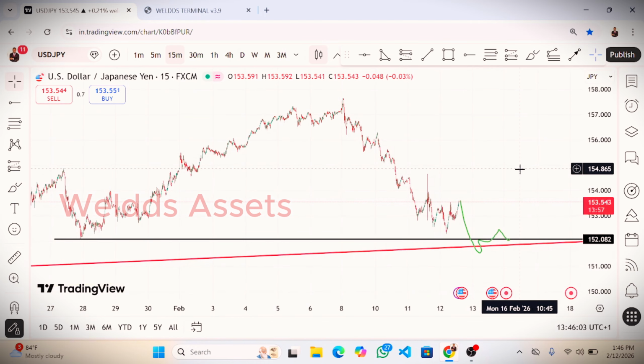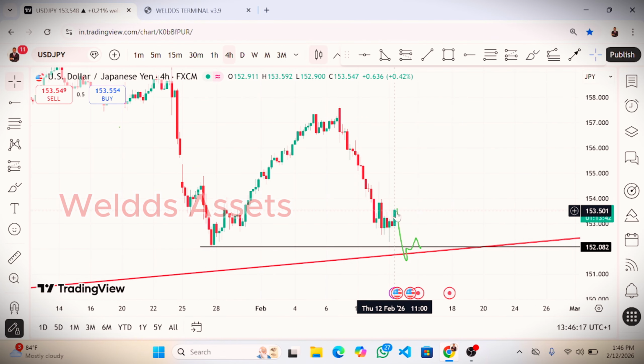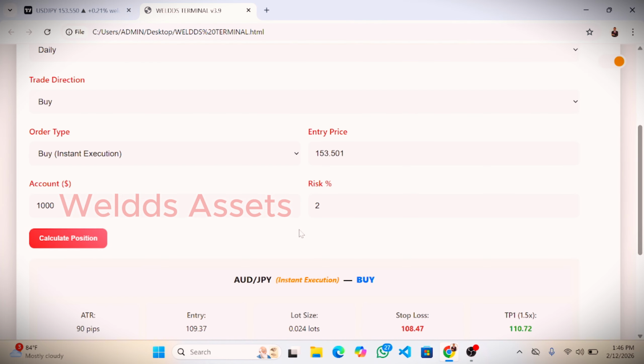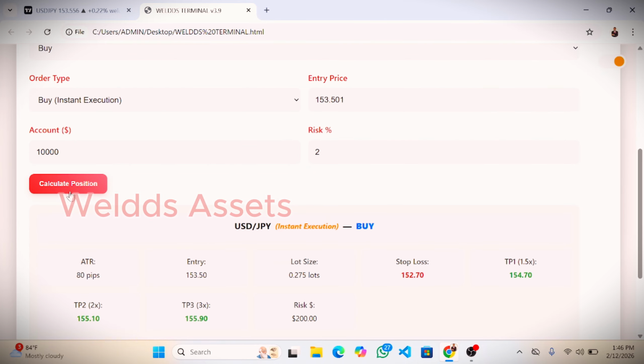If you are going to be executing USDJPY where it is right now, what you can do is this. You can execute it at the current level, 153.501, and then we are risking 2% on a $1,000 account. If your account size is $10,000, you should calculate that you are going to use 0.27.